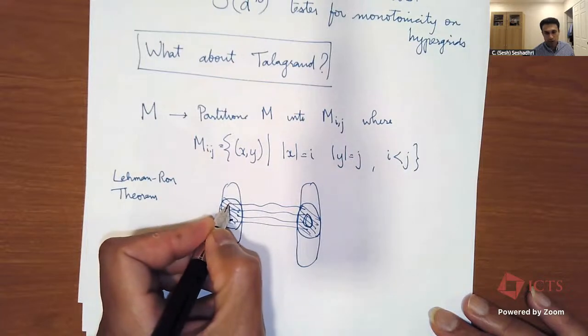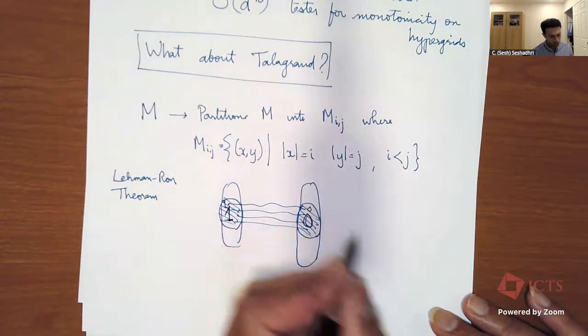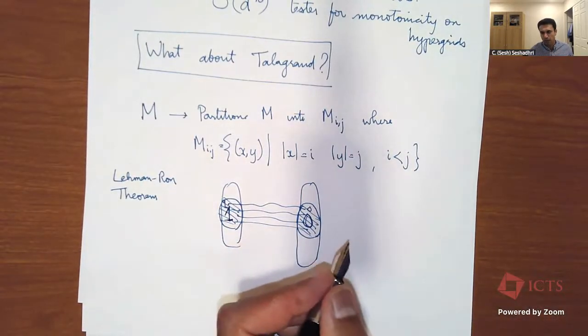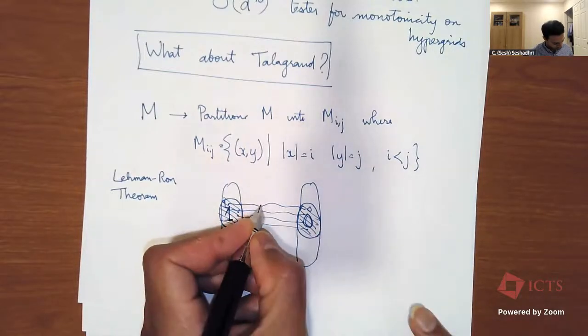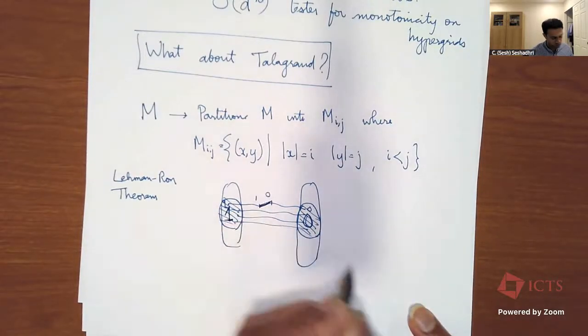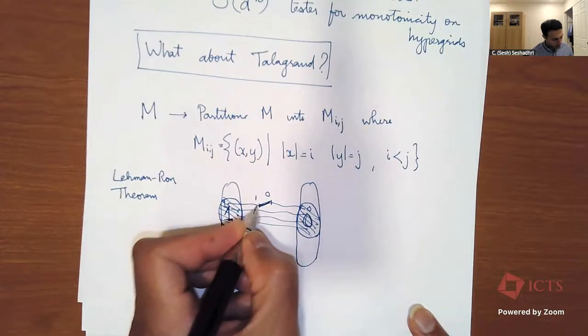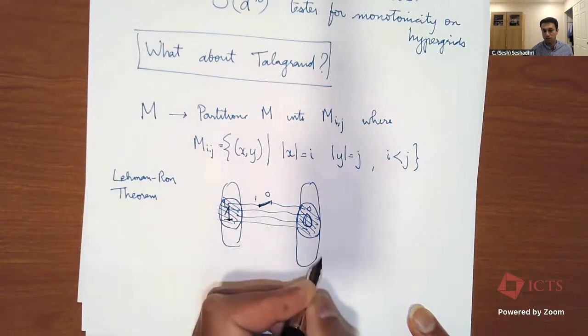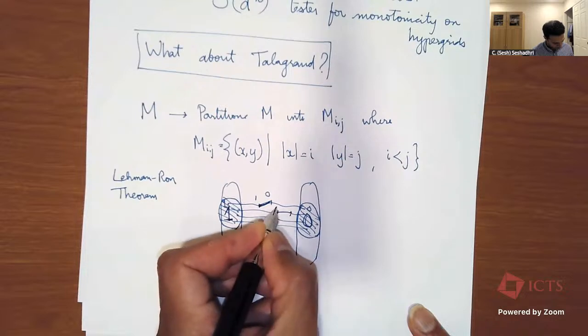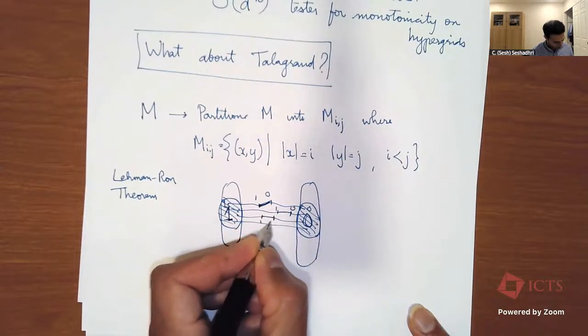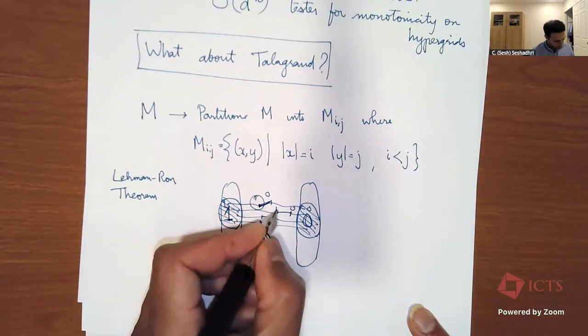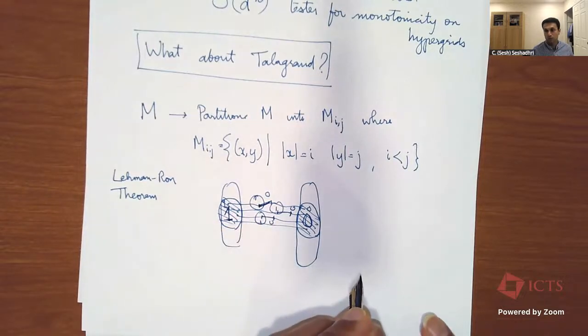So every vertex disjoint path starts from a 1 and goes to a 0. At some point, it has to cross from a 1 to a 0. So there's going to be some edge in here that's a 1, 0 edge. Now, immediately, you have found something that belongs to the vertex boundary. So there's a 1, 0 here, 1, 0 here. Then you start discovering these things that are on the vertex boundary.